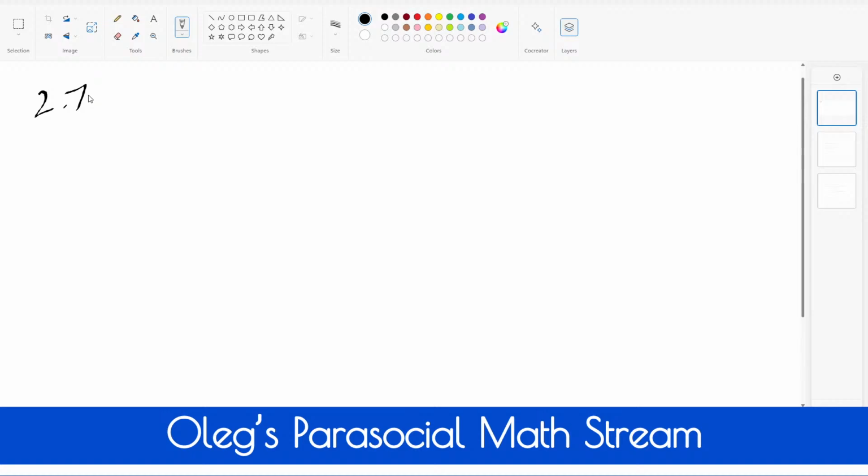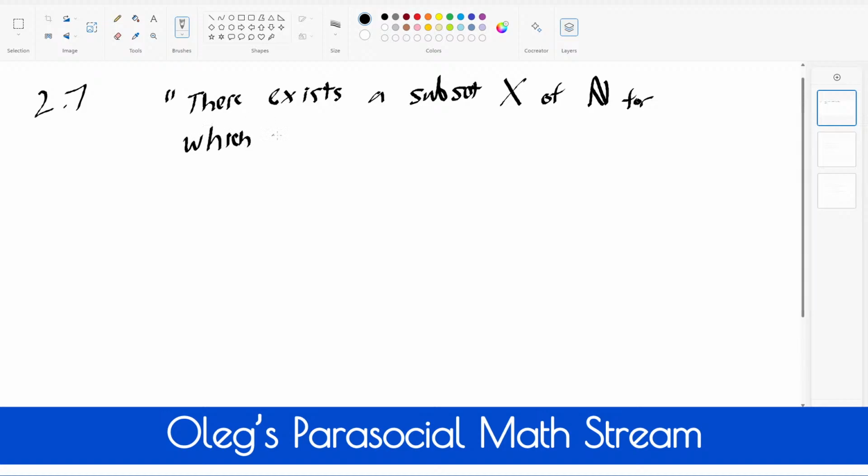Likewise, the statement, there exists a subset X of N for which... let's just write this whole thing. There exists a subset X of the natural set for which the cardinality of X, it could be a cardinality or absolute value, is 5.